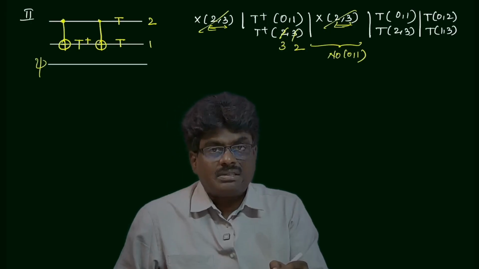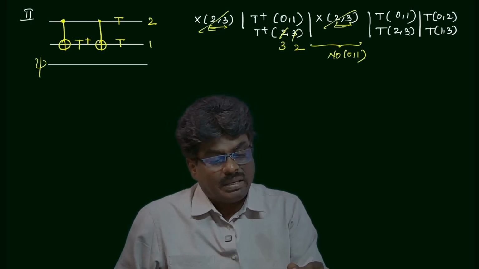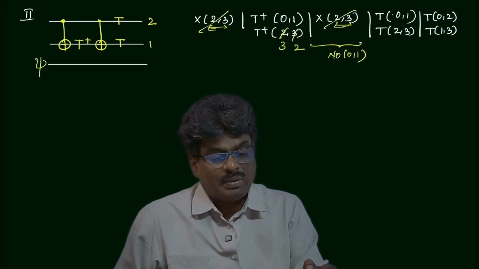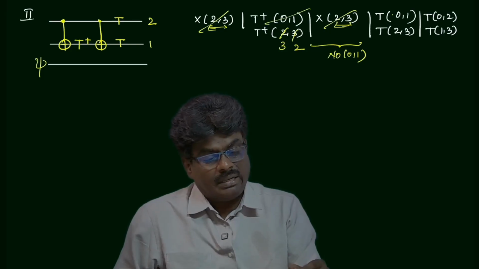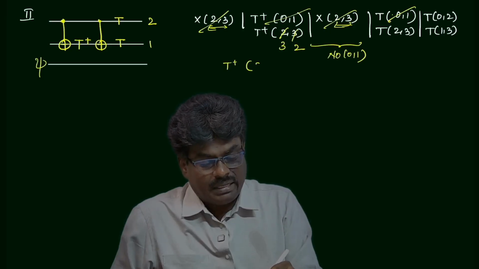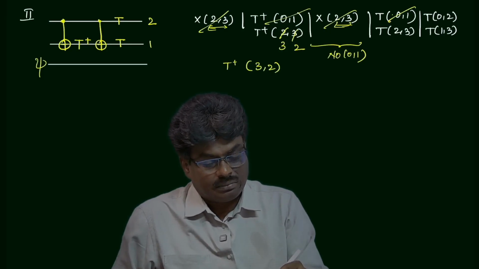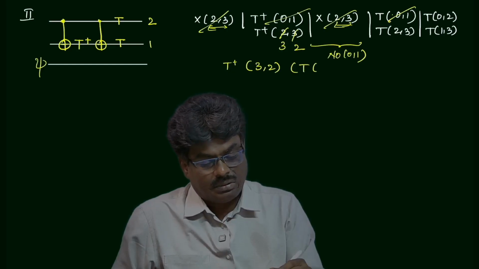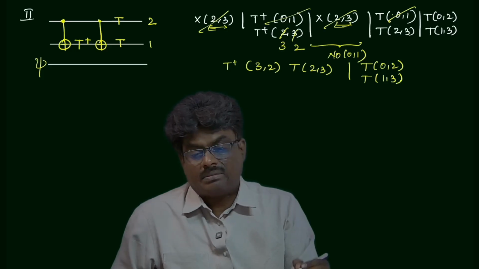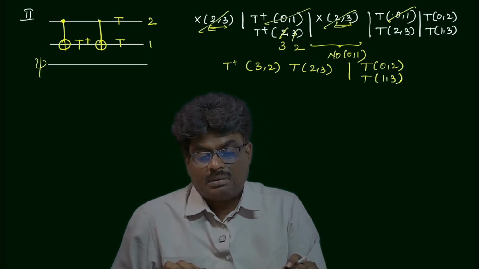Actually in this there is no 0 comma 1, that's why you can bring this T dagger 01 and a T01 side by side and these two get cancelled. And finally we are left with T dagger 3 comma 2, sorry, T 2 comma 3 and next T 02, T 13. So this is what we get.